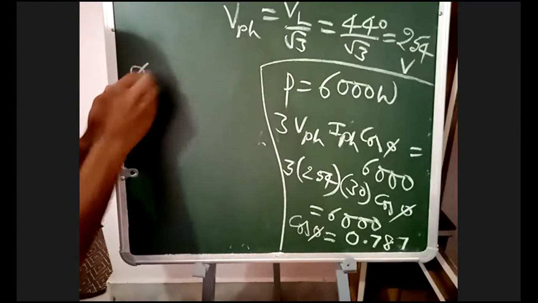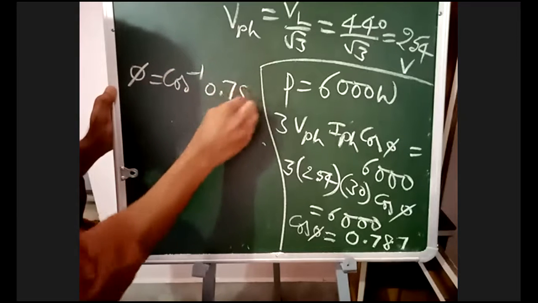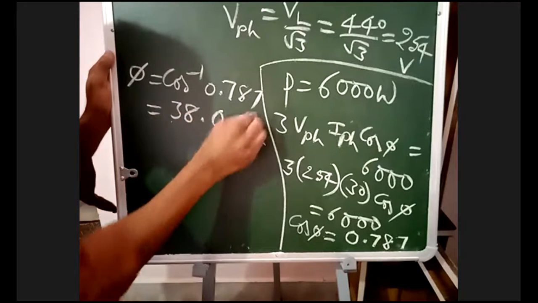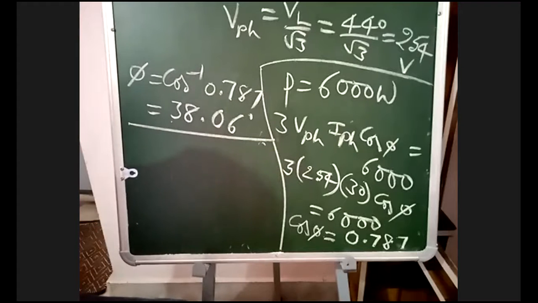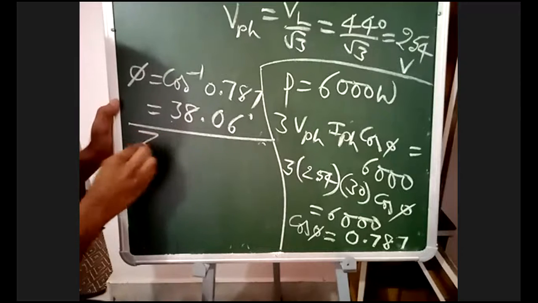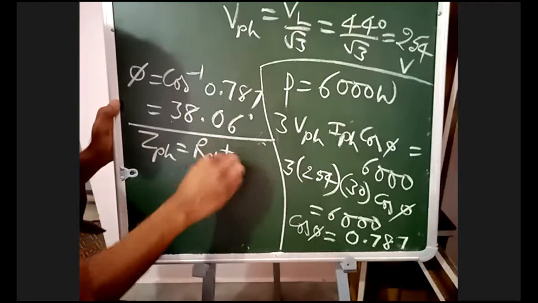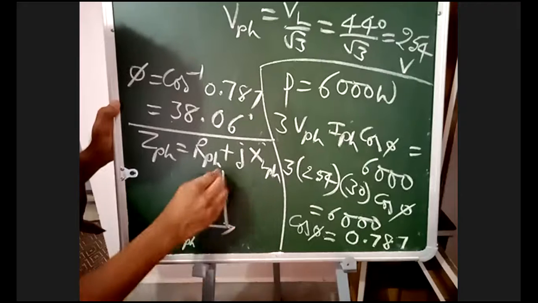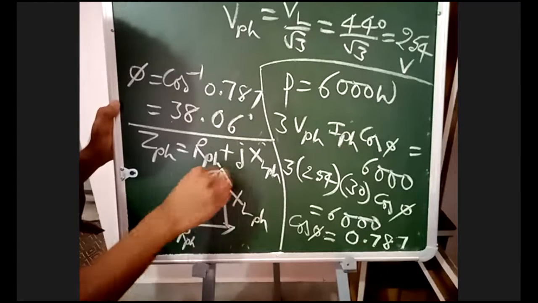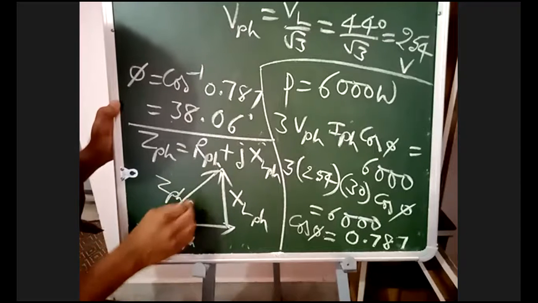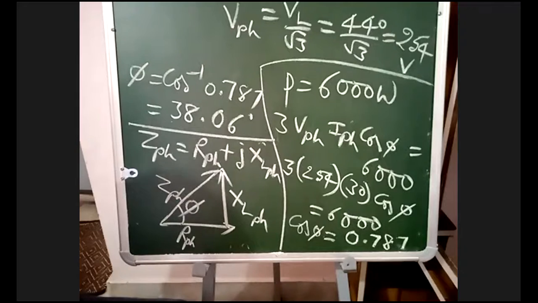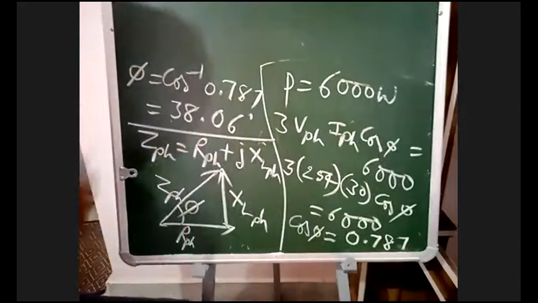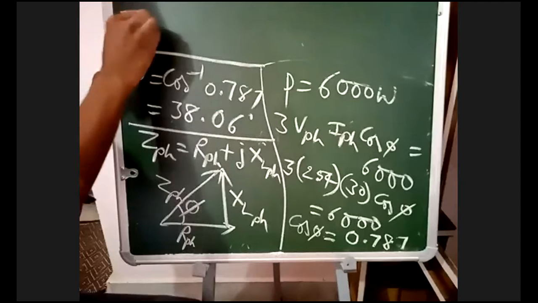Determine the value of phi from cos phi. From this, what is phi? First, determine the Z value. What is the Z phase formula?